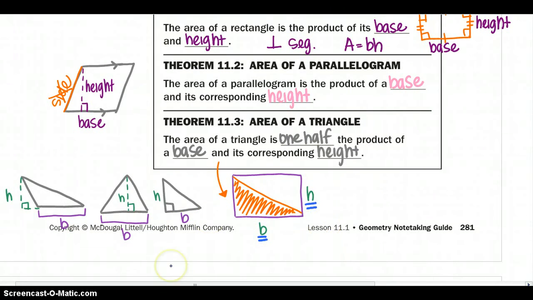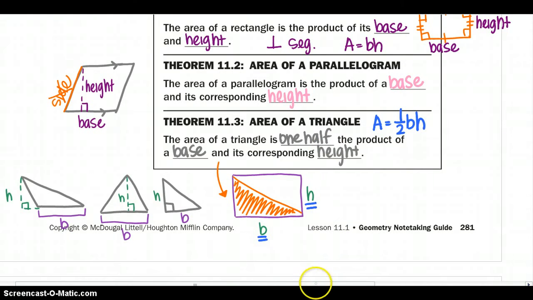But say I wanted to find half of my football field and I cut it diagonally, I'm going to take 1/2 of the area of my rectangle, which would really tell me my area of a triangle. So that's how I remember the area of a triangle equals 1/2 my base times my height. That's really just half of my rectangle.